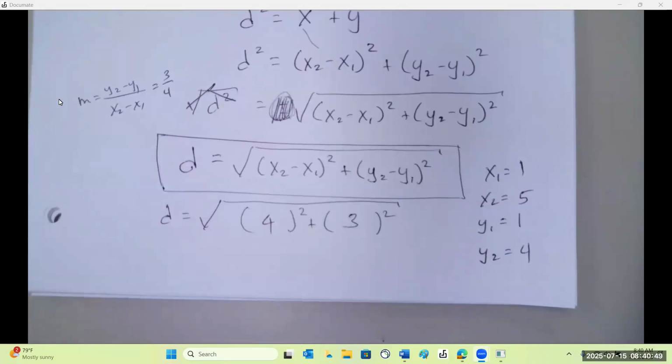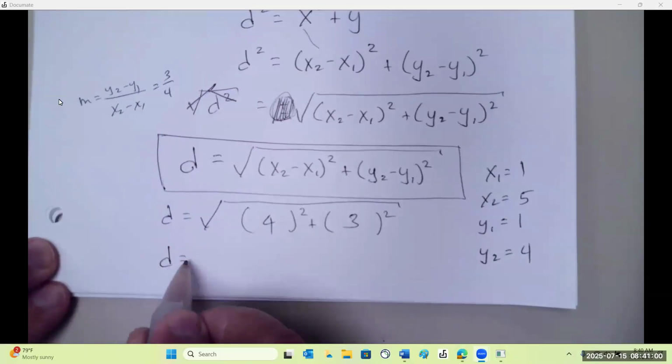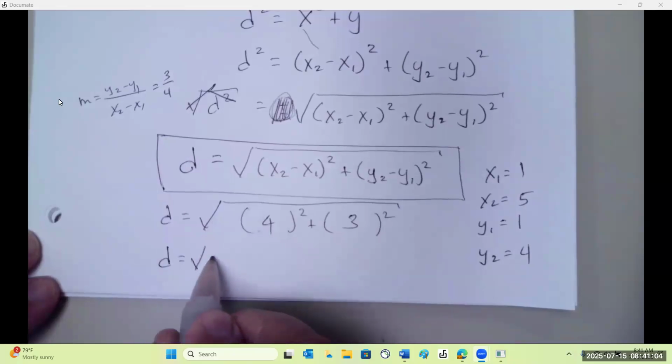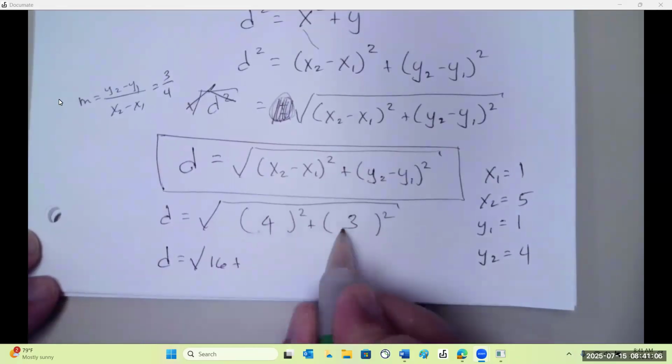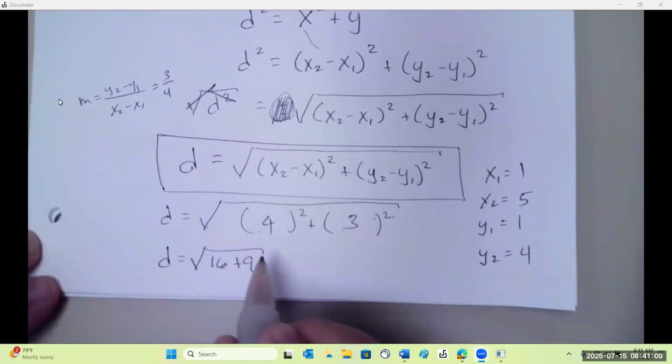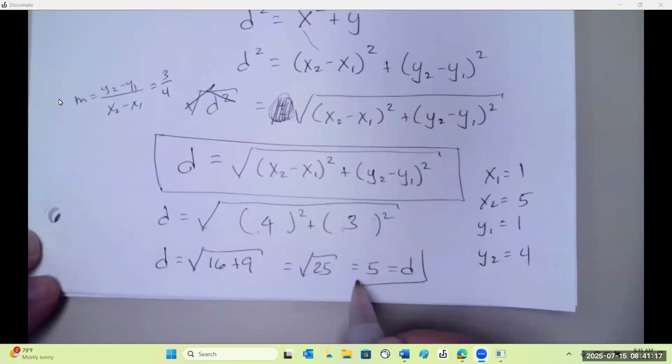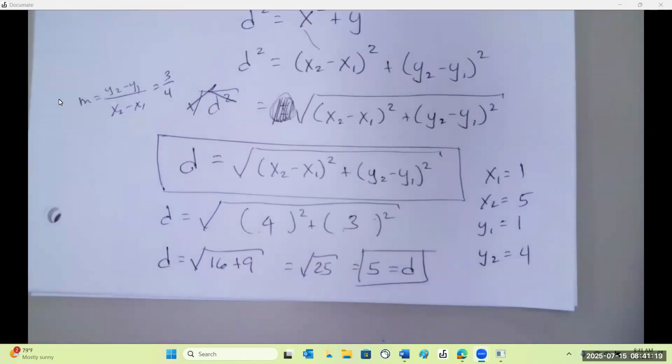But the beautiful thing is that once you do this, you can just record those and start plugging them in to these formulas. So the distance between those 2 points: 4 squared is 16. 3 squared is 9. 16 plus 9 is 25. And the square root of 25 is 5. So that's my distance between point 1 and point 2.